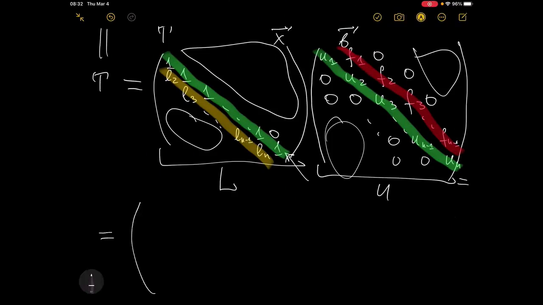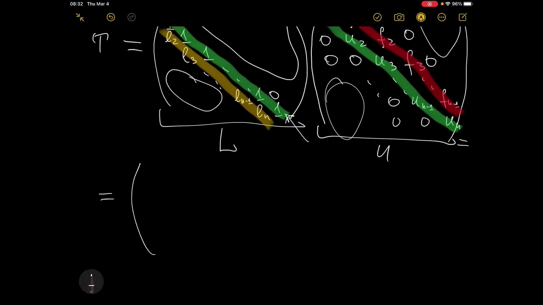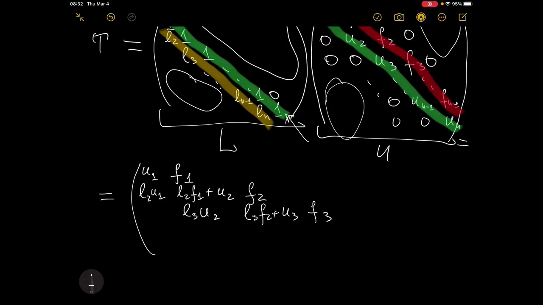So then we will get the following: U1, F1; L2 U1, L2 F1 plus U2, F2; and here will be L3 U2, L3 F2 plus U3, F3, and so on.